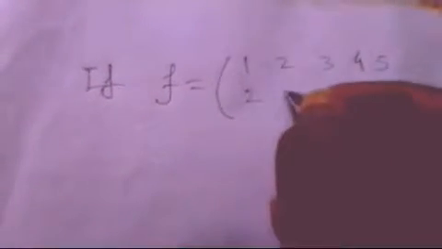Suppose f is given by 1, 2, 3, 4, 5 in this manner, and 1 is mapped onto 2, 2 onto 3, 3 onto 1, 4 onto 5, and 5 onto 4, and g is given by 1, 2, 3, 4, 5 and here it is 1, 5, 4, 3, 2. Then how to find FOG?